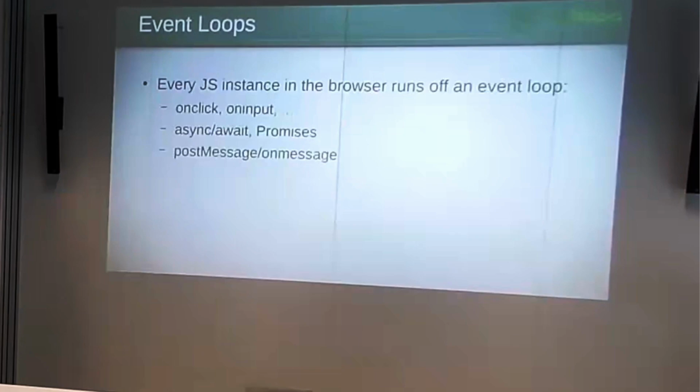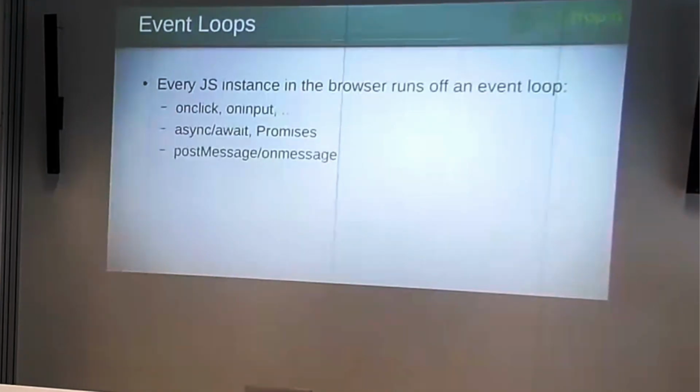And then when an event comes in, when the user clicks something, or when the JavaScript code uses some async mechanism to wait for something, then whenever an event happens, your code gets executed, this little piece of code for this event. And the browser doesn't want you to do lots of time-consuming stuff in your event handling, because then other events queue up and can't do anything, so the browser freezes.